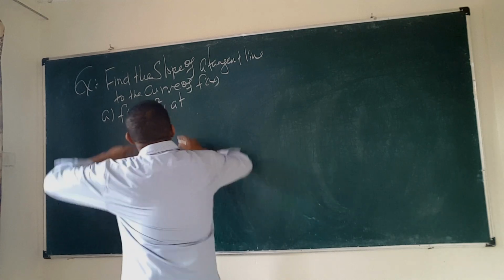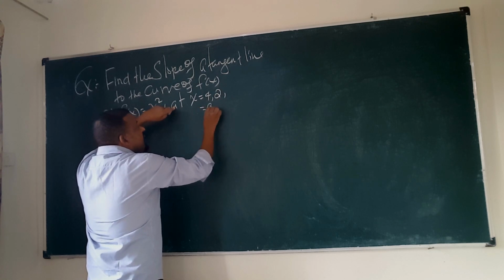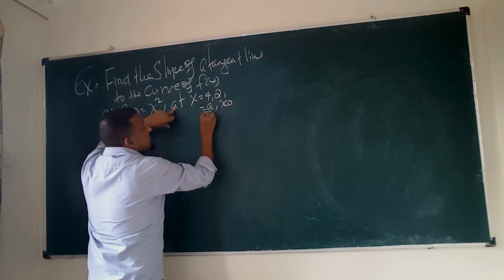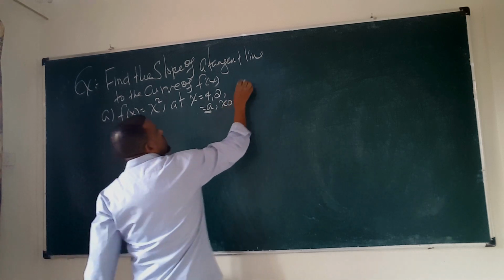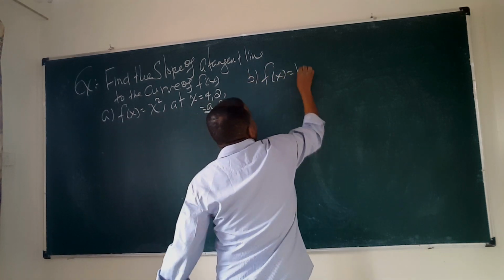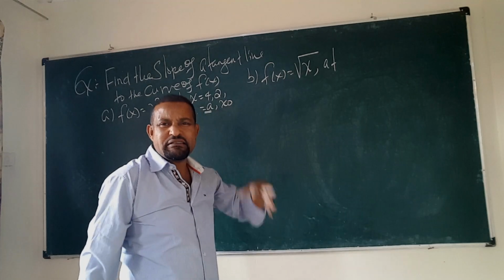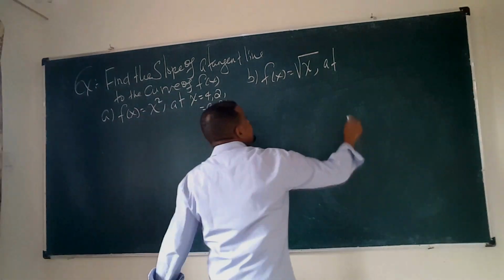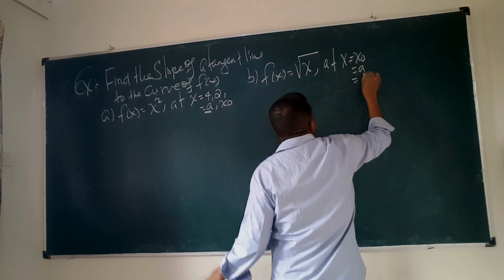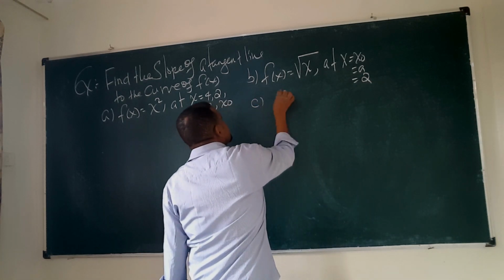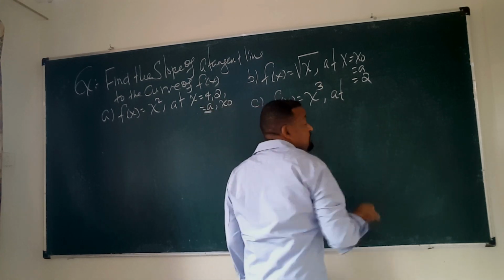So at a certain point, for example at a point 4 or 2, or generally at a point a, or x naught. We find it at a point a, and then substitute numbers like 4 or 5 when they are given. Question b: say f of x is equal to radical of x, at a point a, or at 2 or 3, as you like. Question 3: f of x is equal to say x cubed.